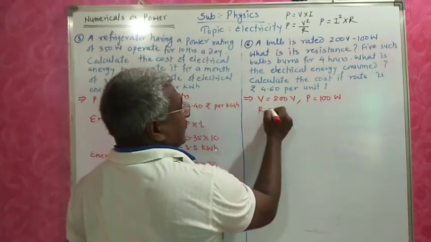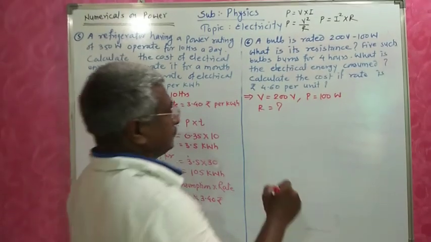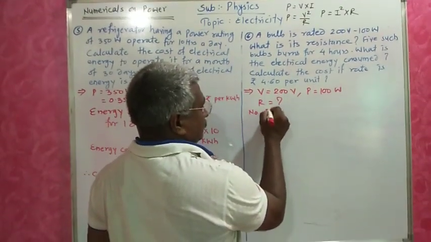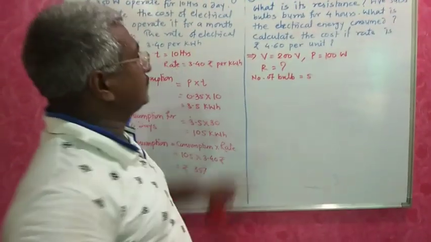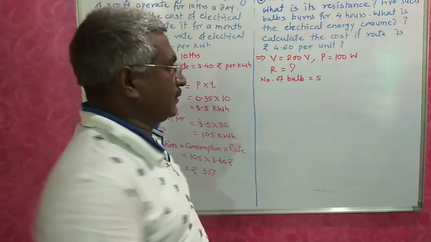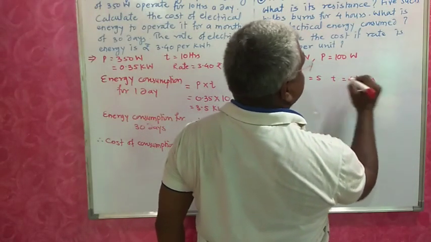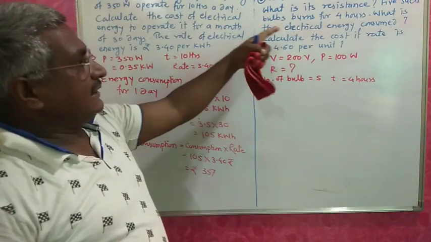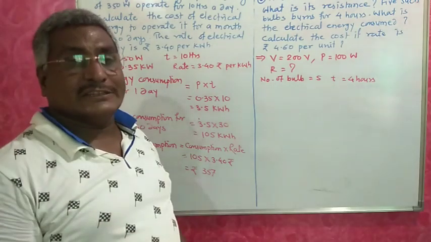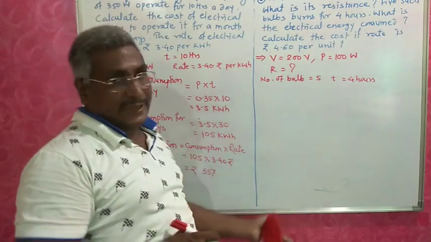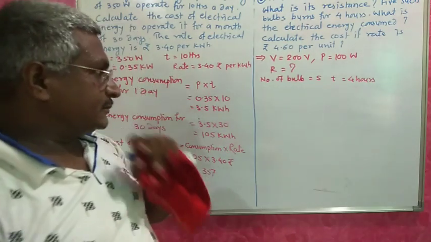First we have to find the resistance. 5 such bulbs: the number of bulbs is 5. Burns for 4 hours: time is given, 4 hours. What is the electrical energy consumed? So energy consumption has to be found, and then calculate the cost, meaning the cost of consumption.